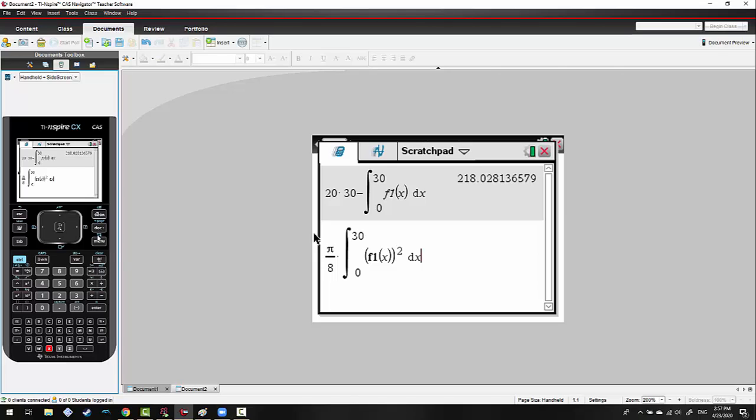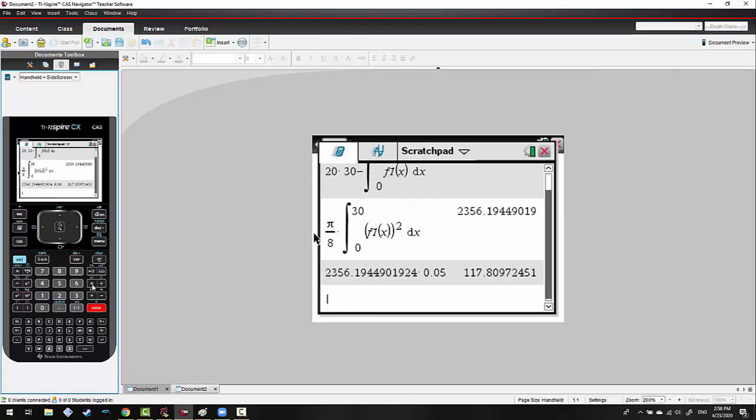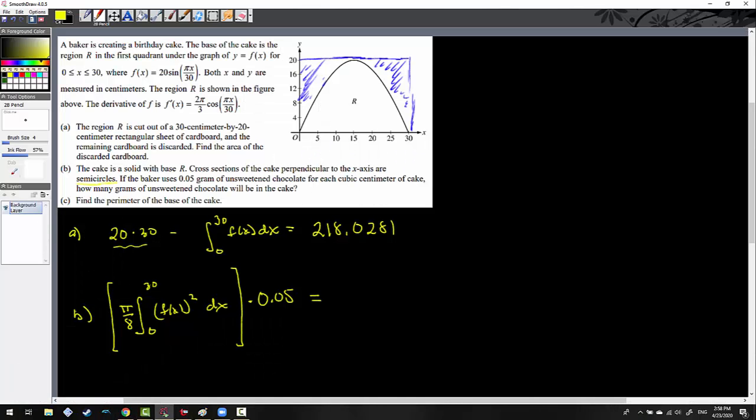Now I'm going to hit Control-Enter. Now that is how much volume is in the cake, but remember, that answer needs to get multiplied by 0.05. And that is actually my answer, 117.8097. So 117.8097 grams will be used.